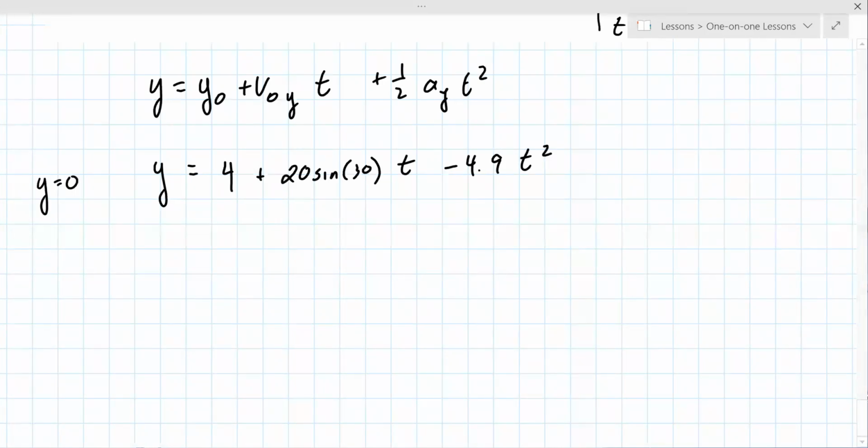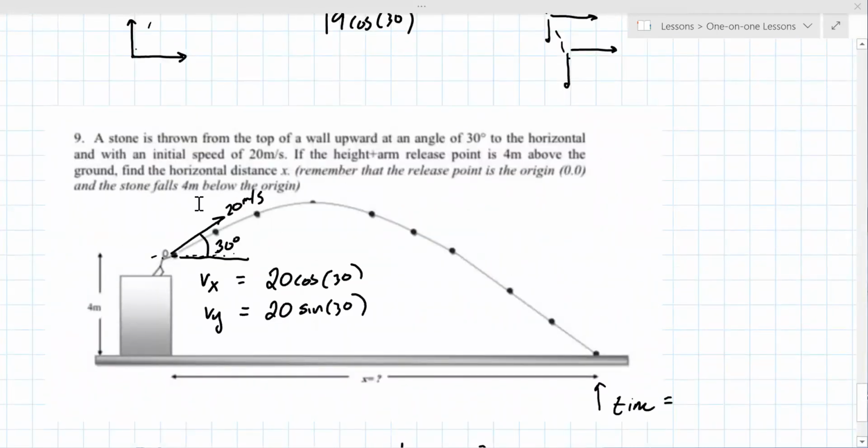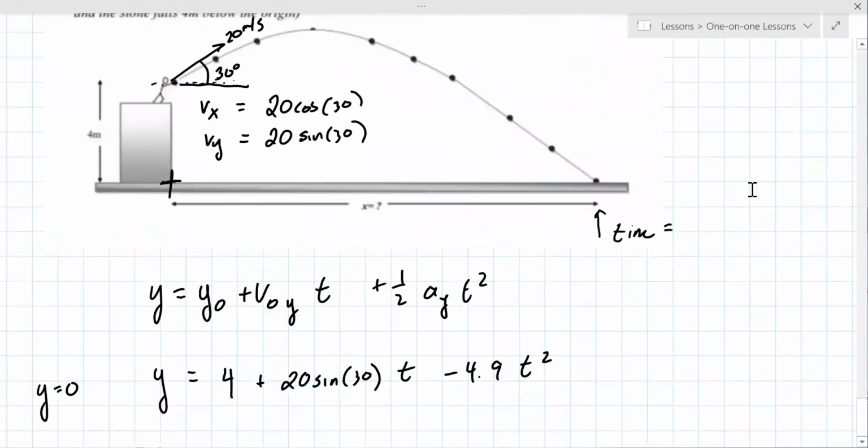So 4 goes in for the initial y because it's starting at a height of 4. Oh, okay. Up here, that's why I'm choosing the origin to be down here. I see. Which is a common thing to do. So we set y to 0? Yes.